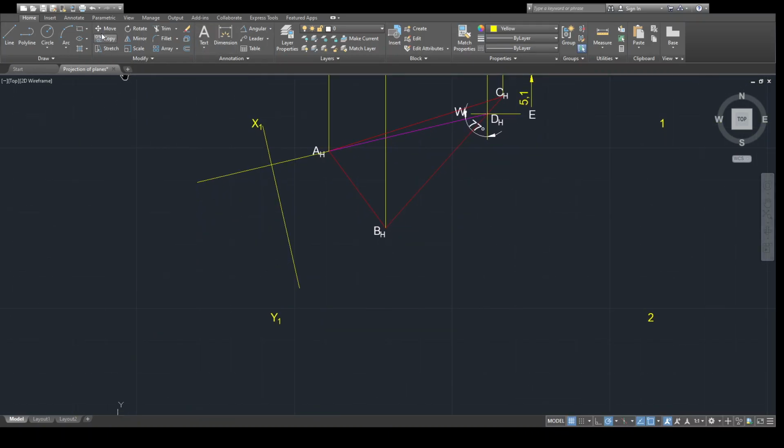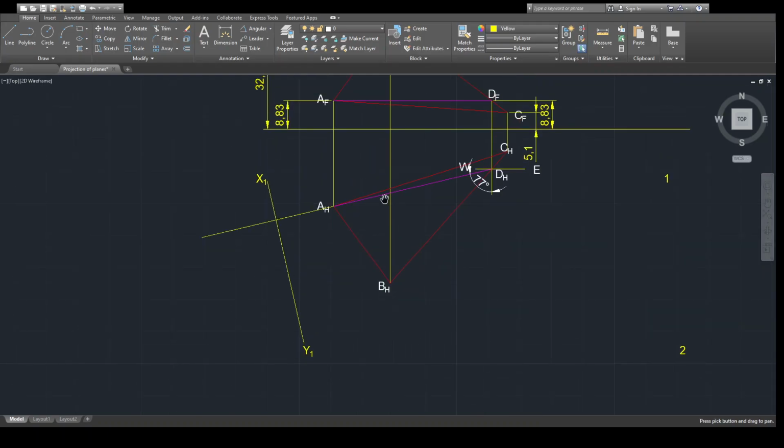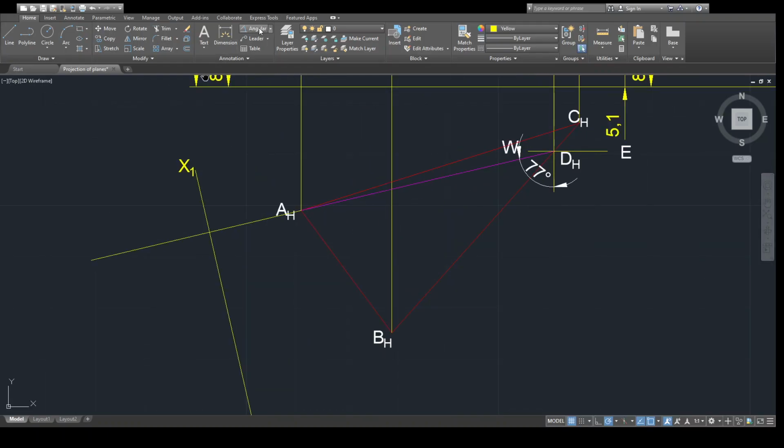This x1 y1 plane is perpendicular to the strike line AHDH. Let us measure the angle. Yes, it is 90 degrees, so you have drawn the perpendicular line correctly.